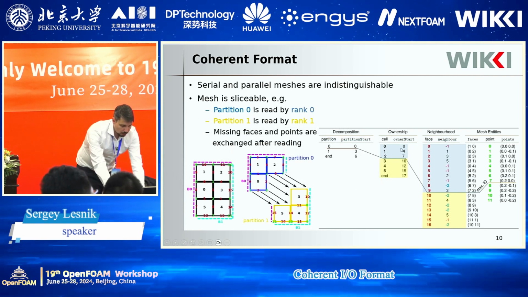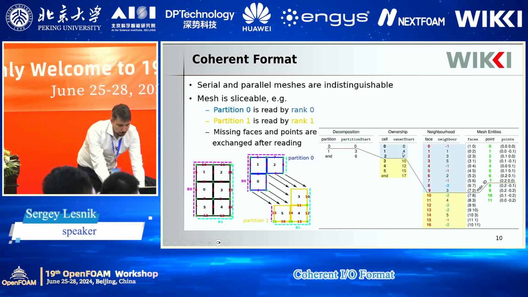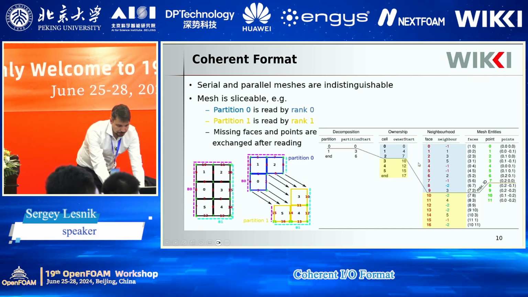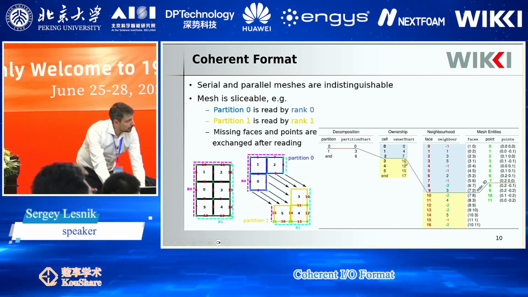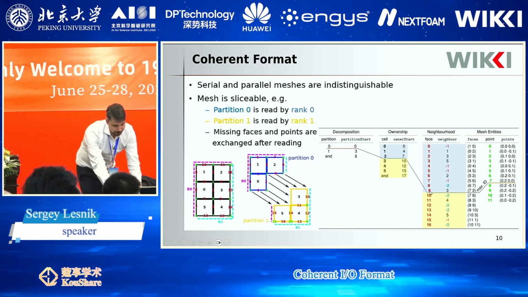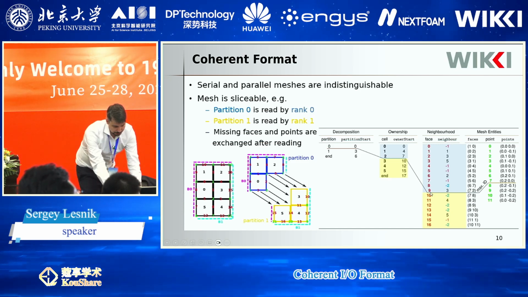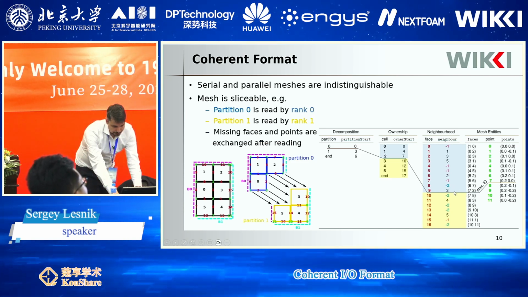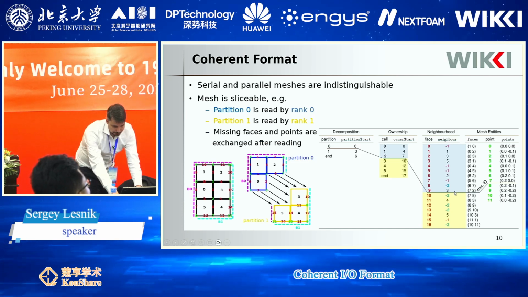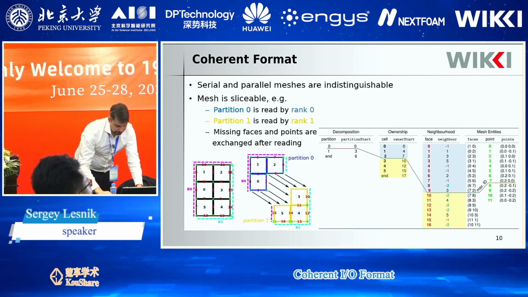Then I know my owner start or owner offset. It's up to 10. I need to read up to 10. So here I go. I read the faces up to 10. Yeah, and so on.